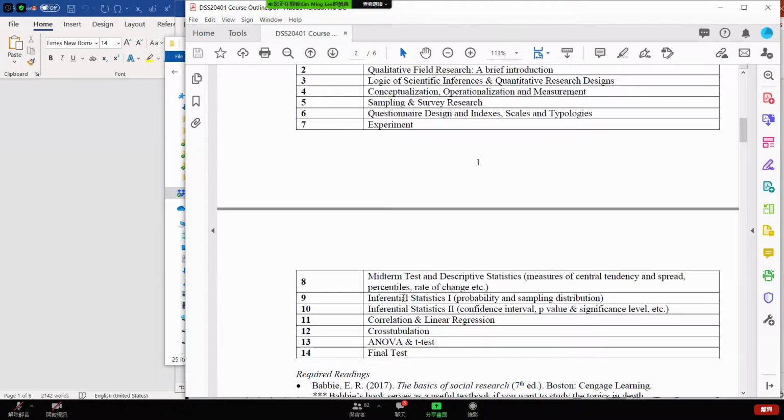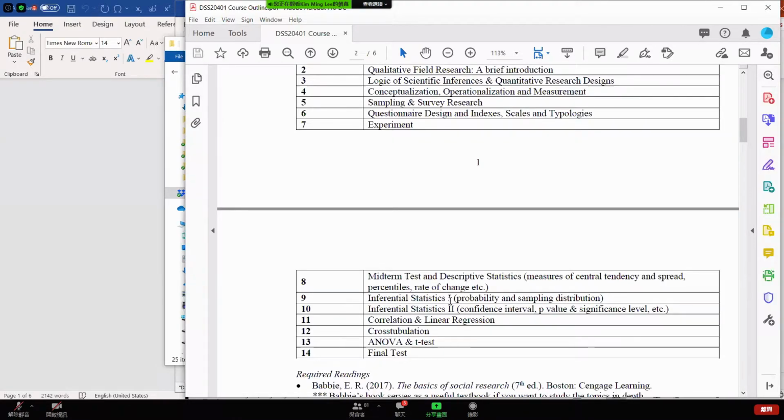Week 9 and week 10 we'll talk about inferential statistics. These are more difficult ones. I mean, how to infer the result from a sample to the population. A sample means, for example, you want to know about the level of political participation of young people. So we draw a sample out of, say, 2 or 3 million youngsters in Hong Kong, and our sample would be, say, 1,000 young people.